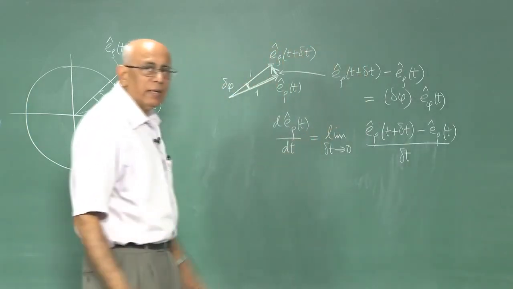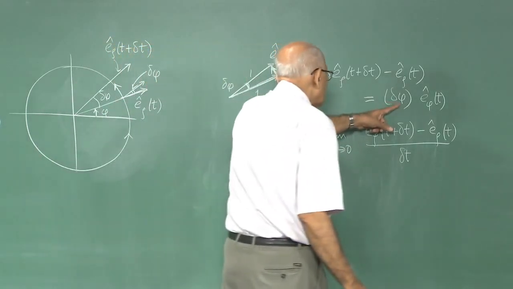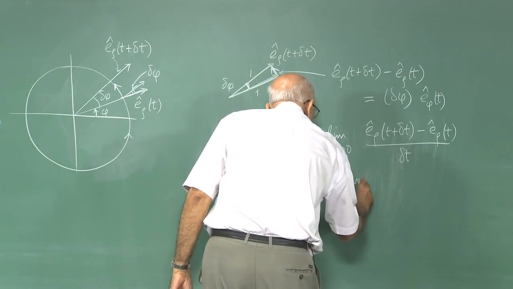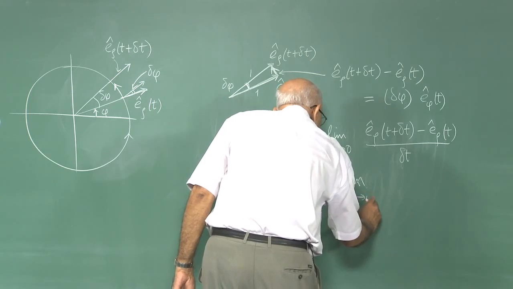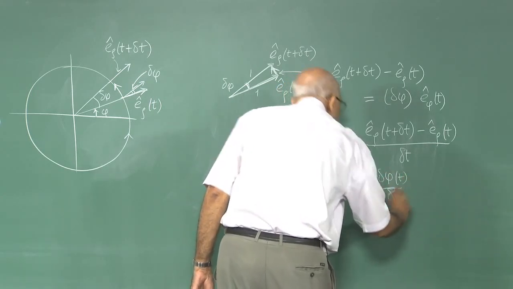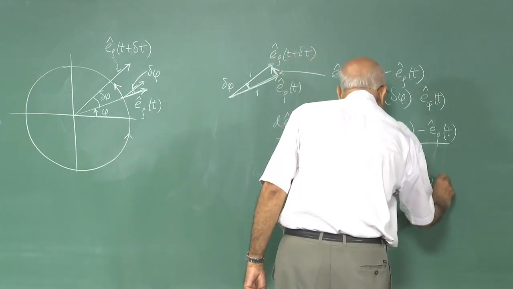The numerator is a vector, the difference of two unit vectors, and that turned out to be this quantity here, and therefore this is equal to the limit, let me write this out explicitly, as delta t goes to 0, of delta phi of t over delta t multiplied by E phi of t.